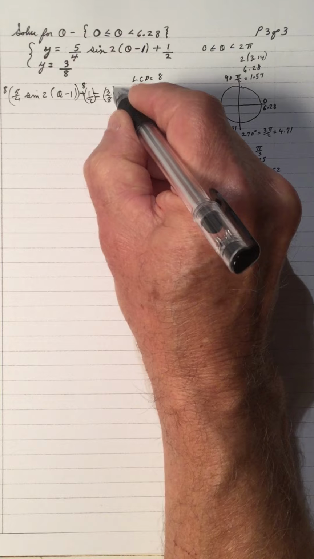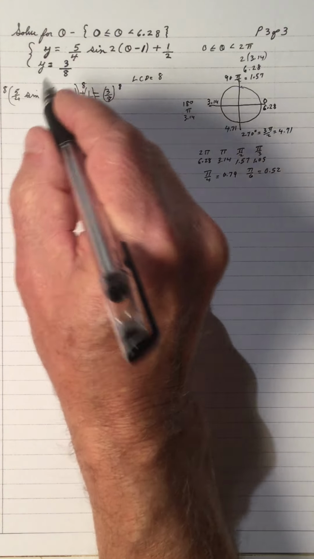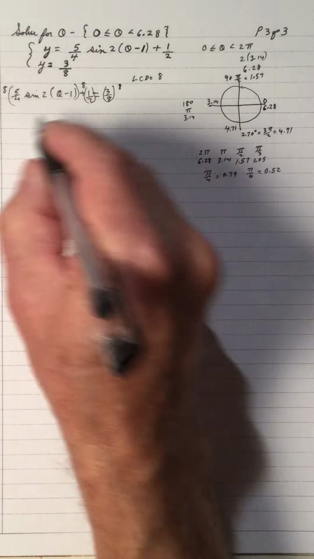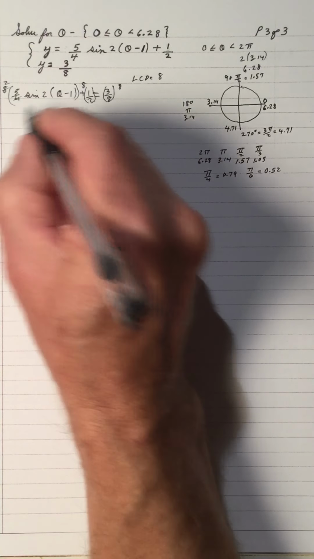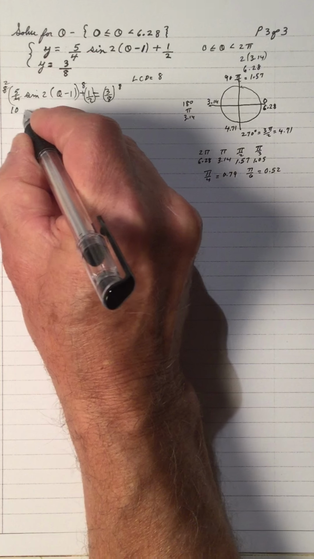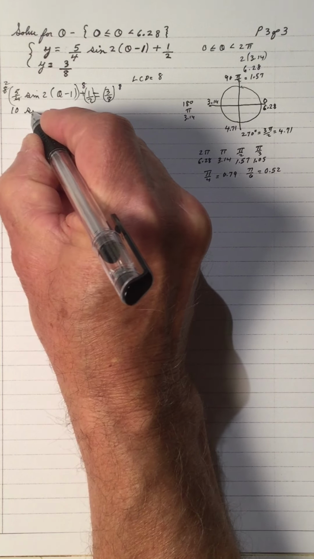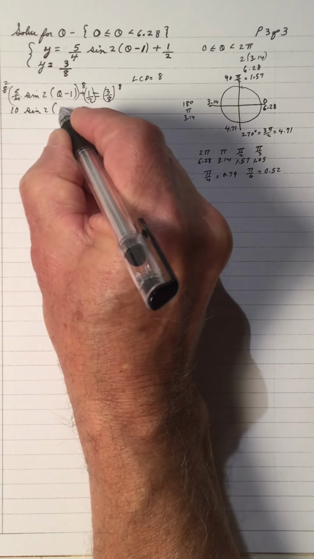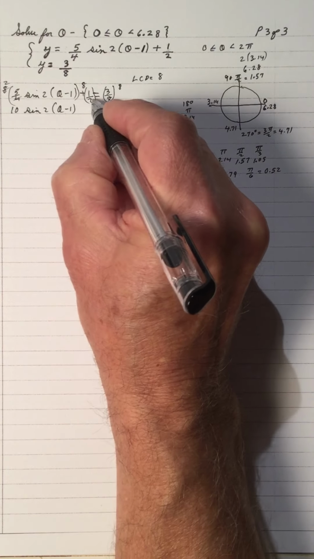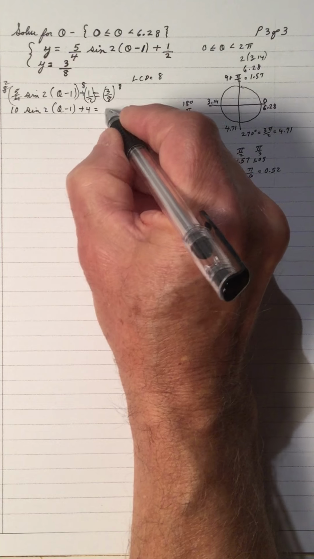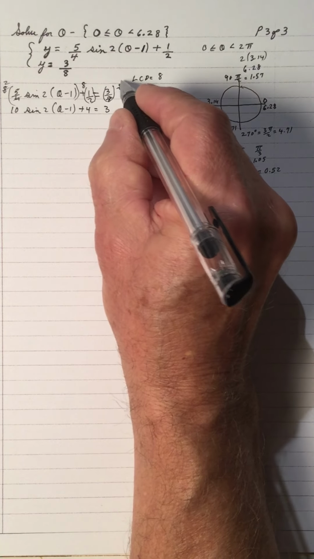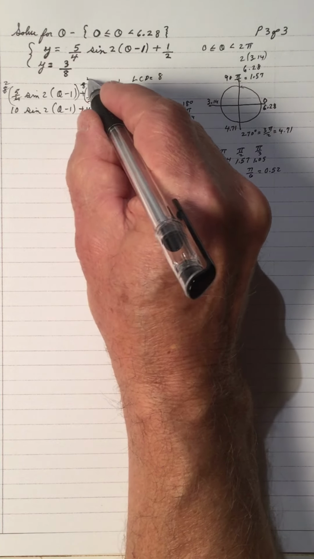That means the fractions should go. 4 into 8 goes 2, so that gives me 10 sine 2 theta minus 1. Half of 8 is 4. The 8's cancel, I get a 3. 2 and 8 goes 4.